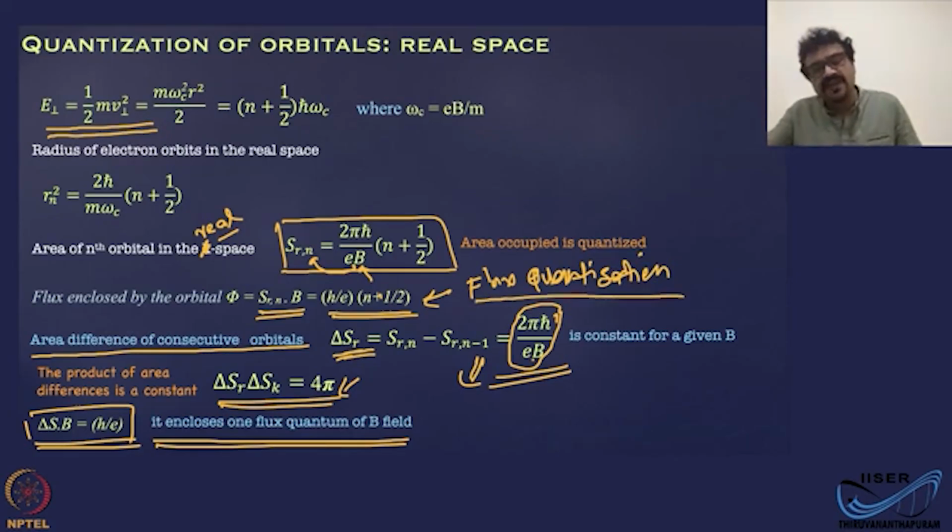But this flux quantization says that if we have a cyclic path, then the flux enclosed within that loop for the electron is proportional to the quantum level n, and it is quantized in n.